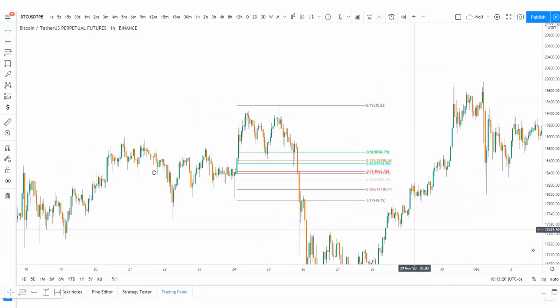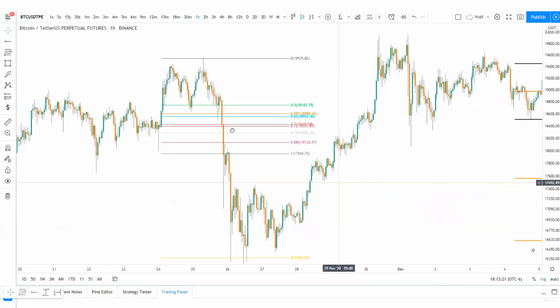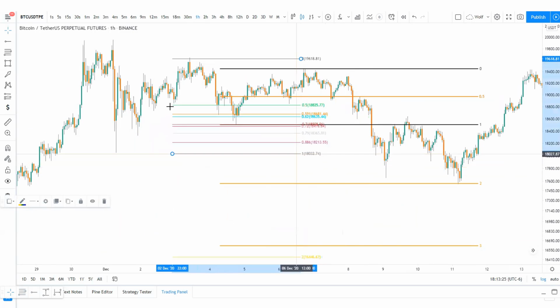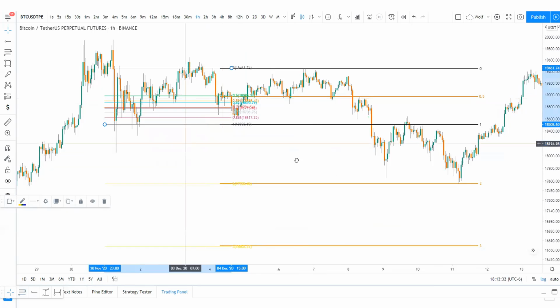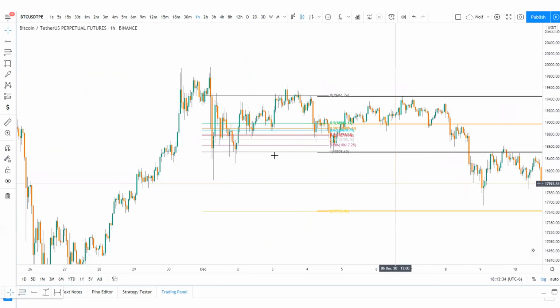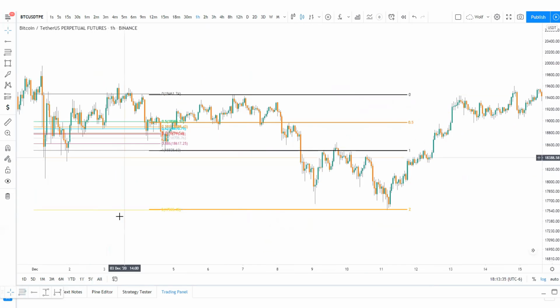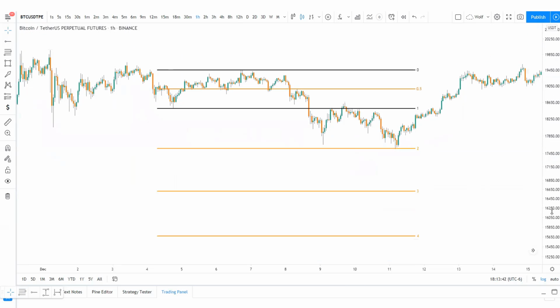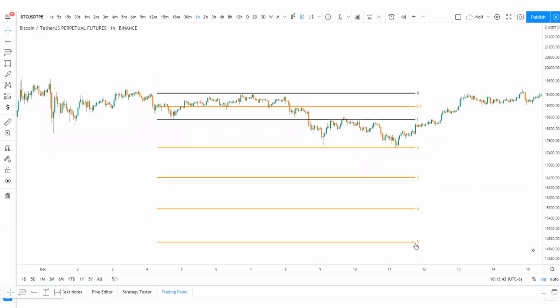So this is typically what my fib would look like, right? If this is what your fib looks like with all the different levels on it, that's what this is, except it has the extensions on it to extend out. My settings on the extensions are simply 2, 3, 4, 5.